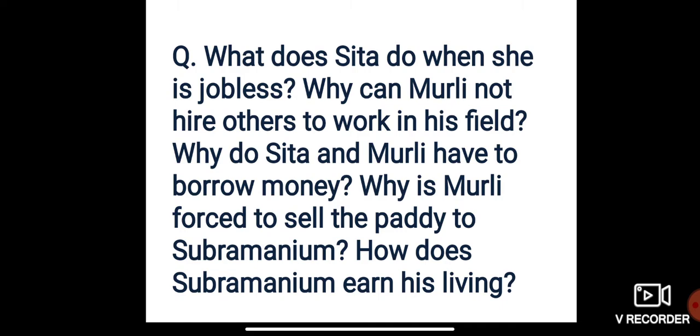So Subramanian is a big farmer. From our reading we have learned that Subramanian is a big farmer who owns a rice mill and a shop selling fertilizers, apart from many farmlands, and works as a moneylender. So that is who Subramanian is.